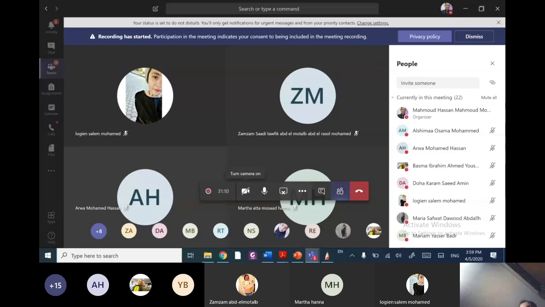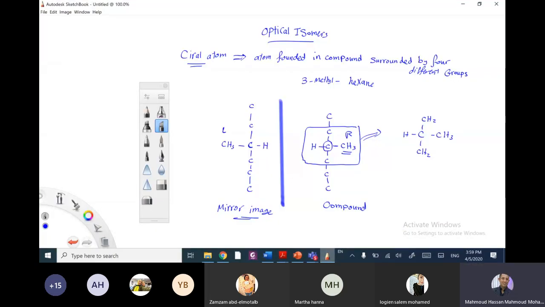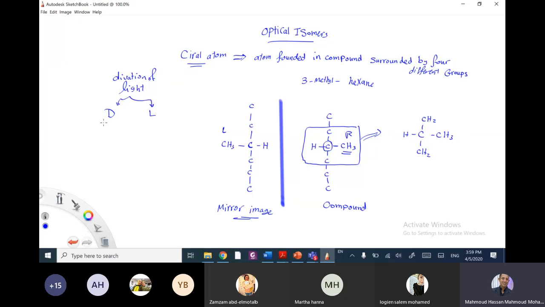Okay, let's go back. What is the change in this case? We find that the optical isomers differ in the deviation of the light. One compound deviates the light toward D and the other deviates the light toward L. What does it mean to deviate the light toward D?